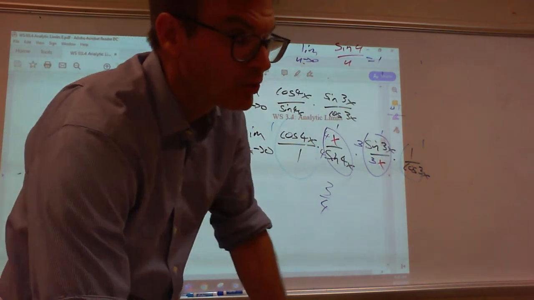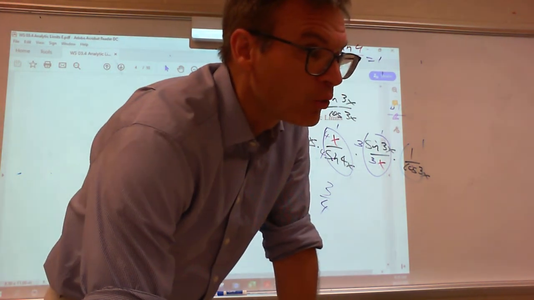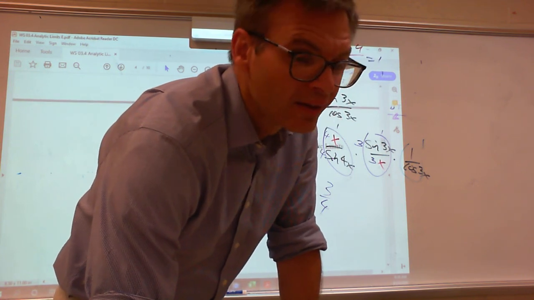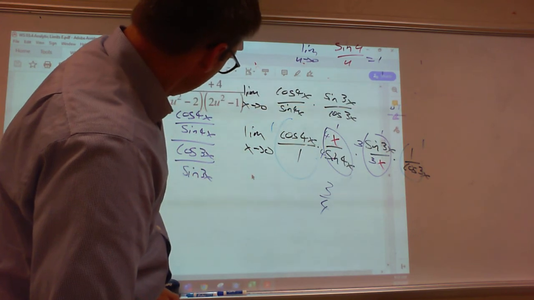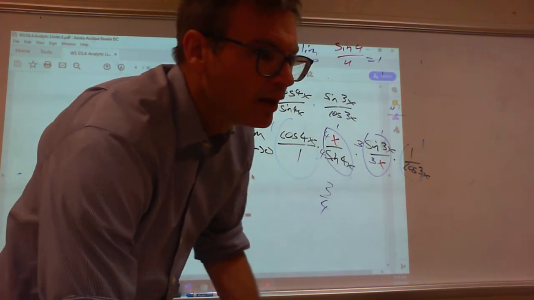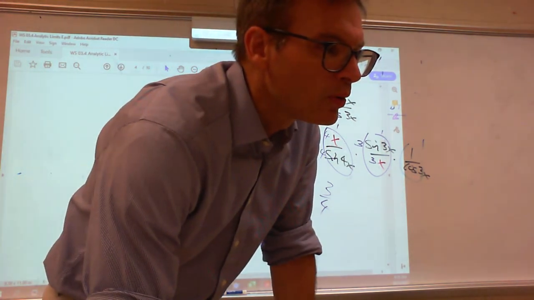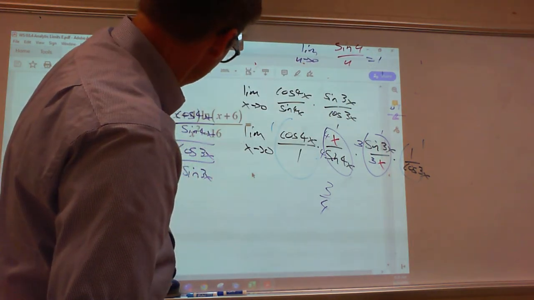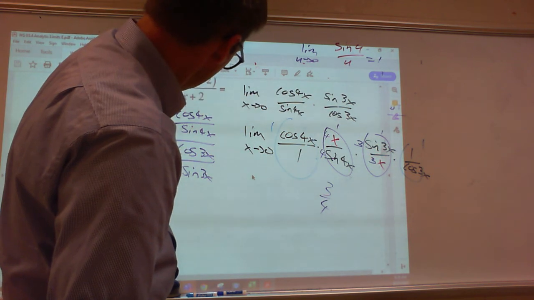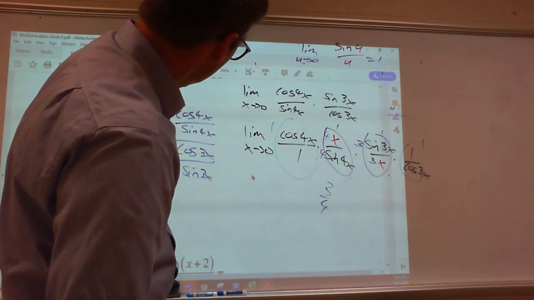I haven't taught how to handle as it goes to infinity yet. So ignore 22. Because we have not talked about limits as stuff goes to infinity. Let's see, 25 and 26. Let's see what 25 looks like. It's probably at the top of the page, but of course it is.